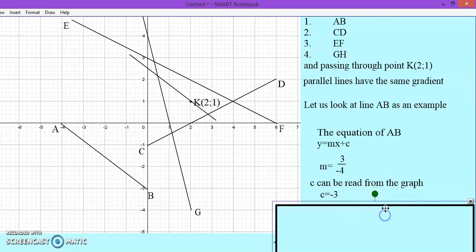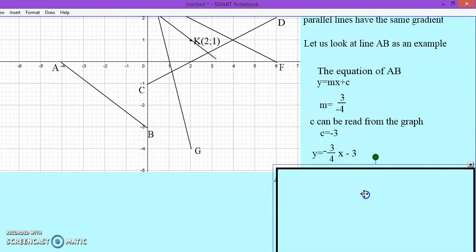So y is equal to negative 3 over 4 x minus 3. This is my equation. And if I substitute negative 1, I will get the answer of 2 comma something. If I substitute negative 2, I will get an answer of negative 1 comma something. If I substitute negative 4, I will get 0.